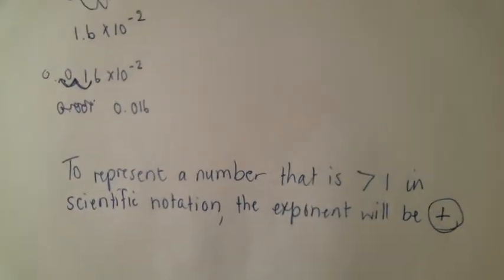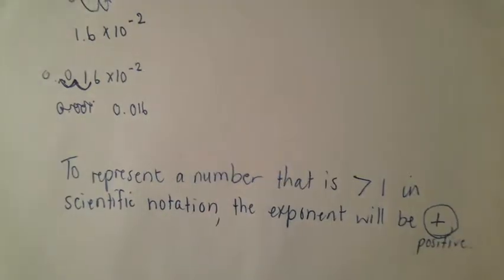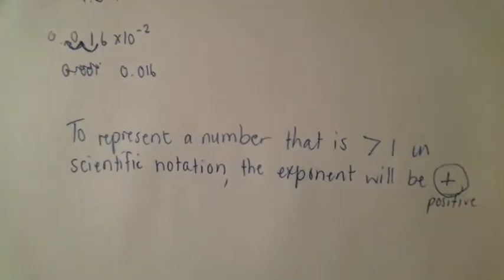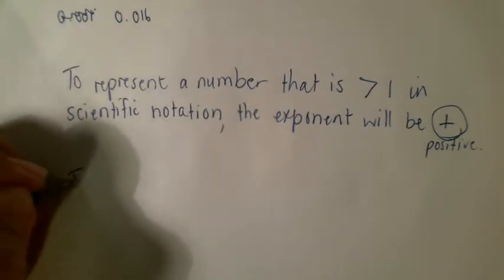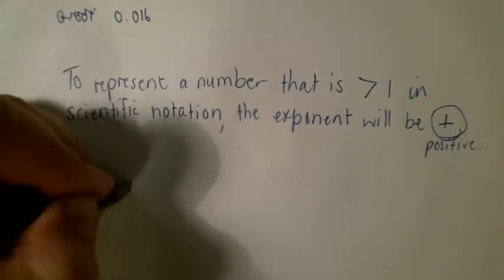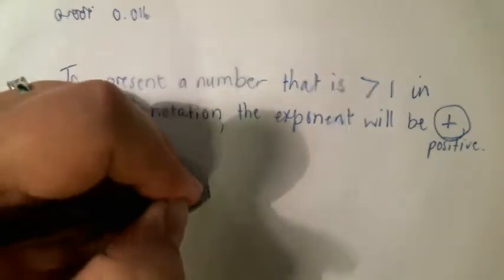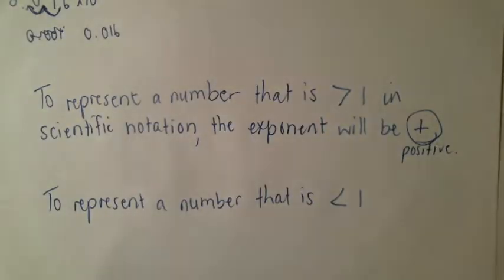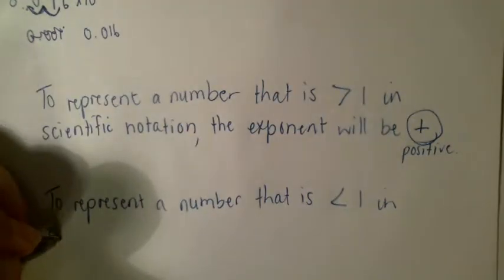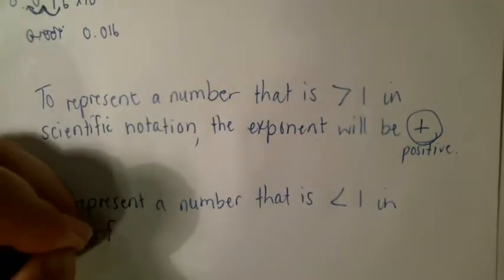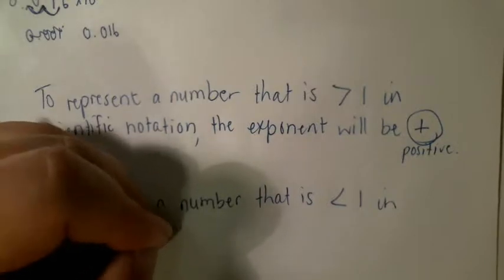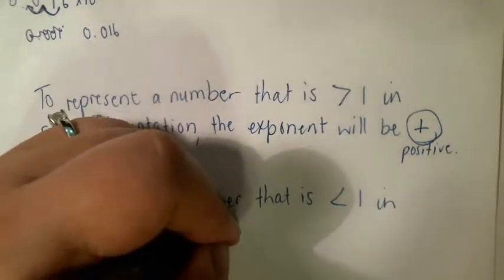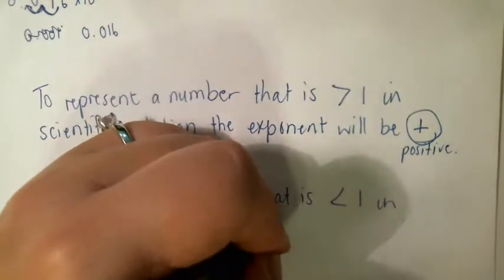Positive. Okay? So make sure you write that down. And also to represent a number that is less than 1, so a decimal, in scientific notation, the exponent will be negative.